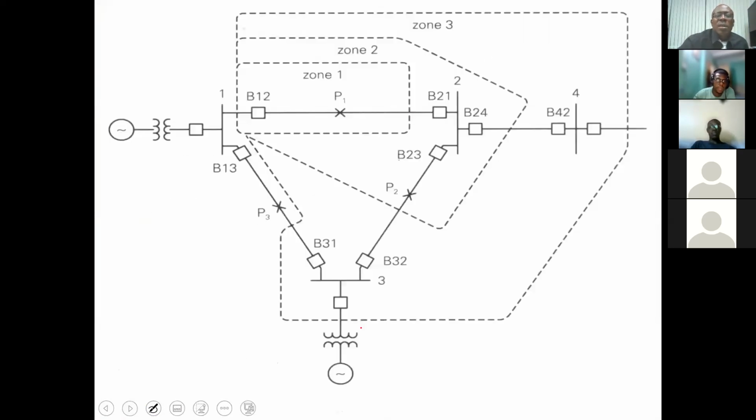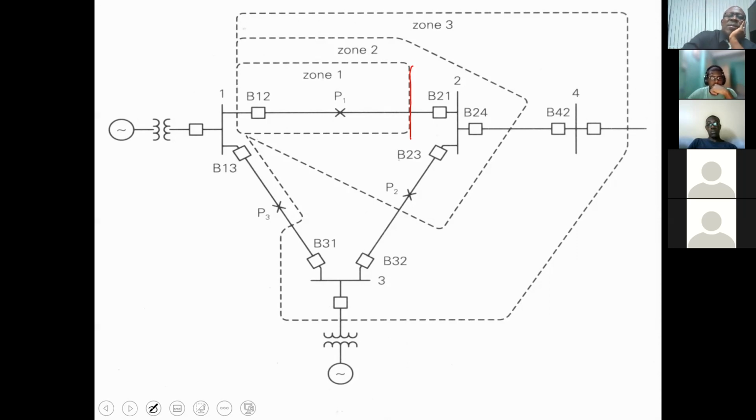So let's just look back at what we said just now. You have the relay at point 1. The zone 1 setting would be 80%.